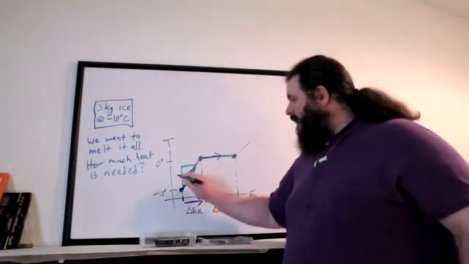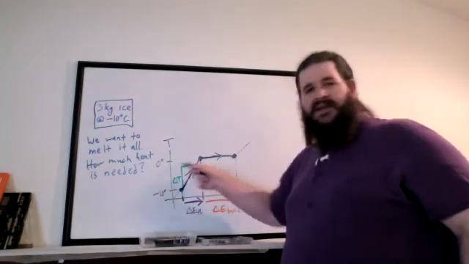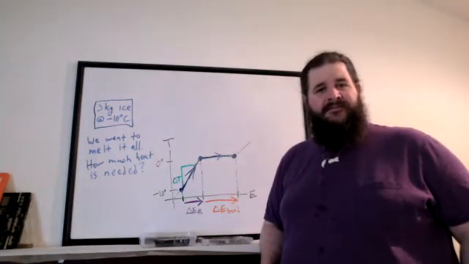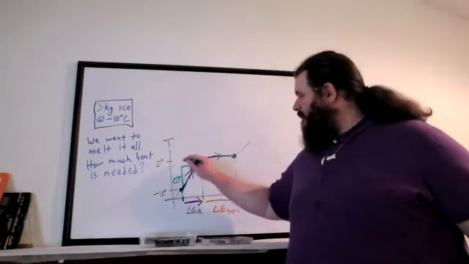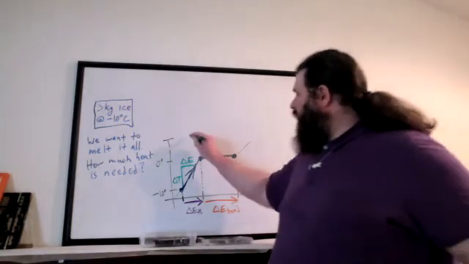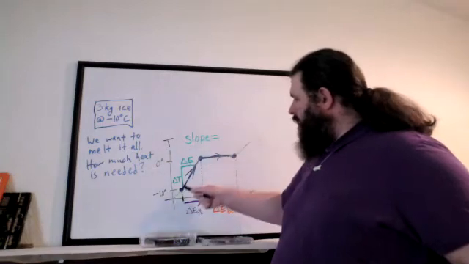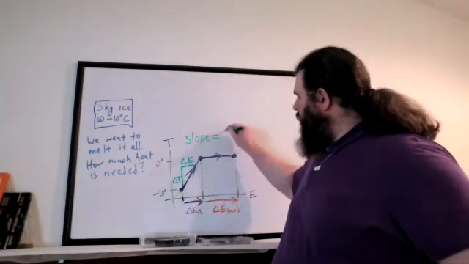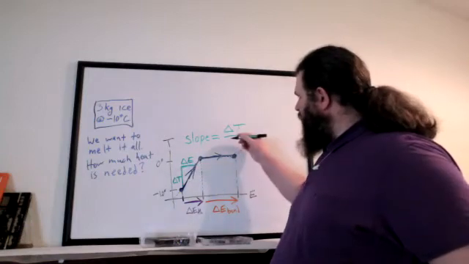The rise on this graph is a change in temperature, and the run is a change in energy added. Yeah, a change in how much energy you're adding. So that means the slope of this graph, rise over run, would be change in temperature divided by change in energy.